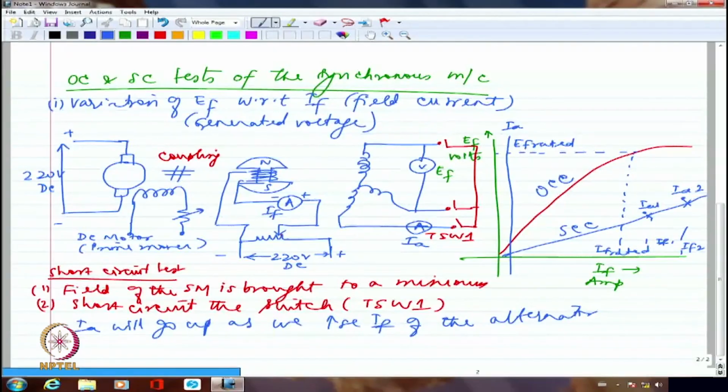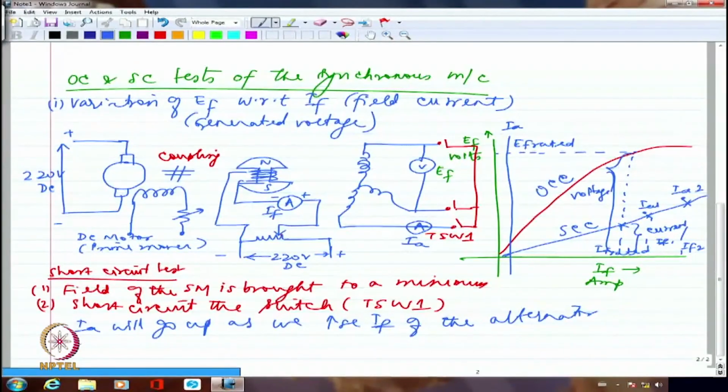Now at rated value of field current, which corresponds to rated generated EMF at open circuit condition, I would like to measure what is the current and what is the total voltage. So this is voltage, whereas this is current.